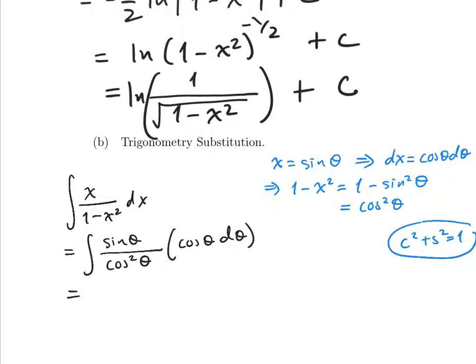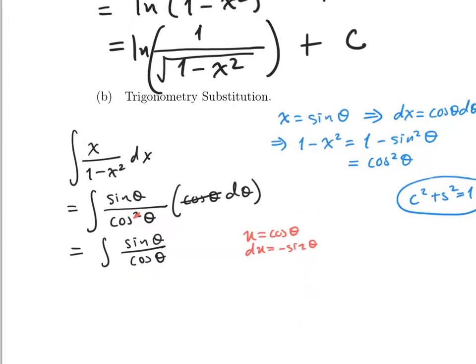Here this cancels one of these, and you end up with the integral of sine theta over cosine theta. If we do a u substitution here, u is cosine theta, du is minus sine theta.